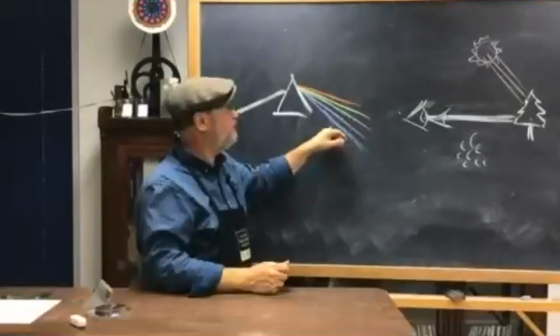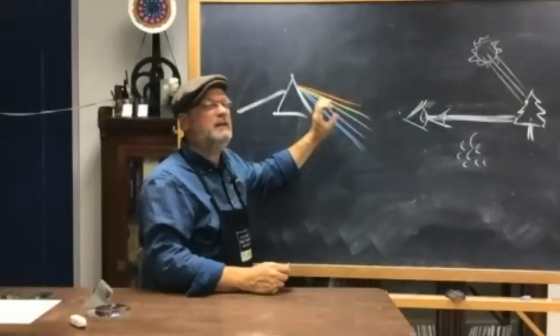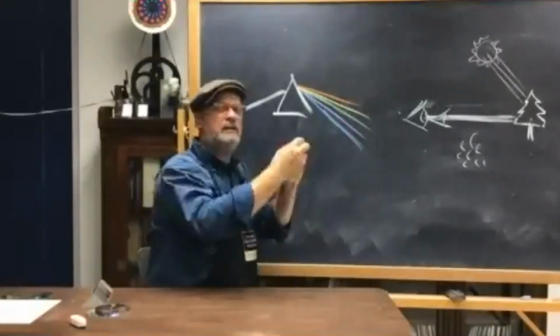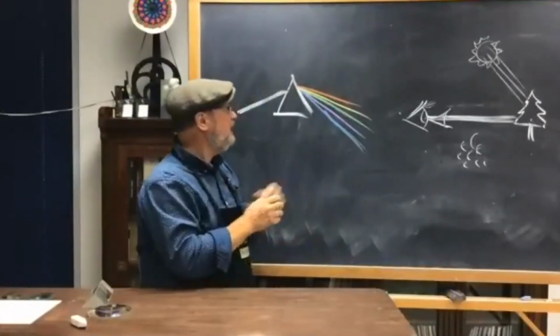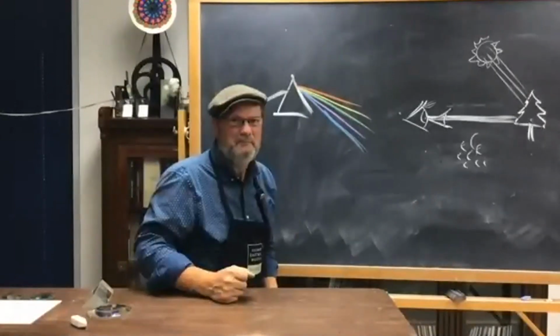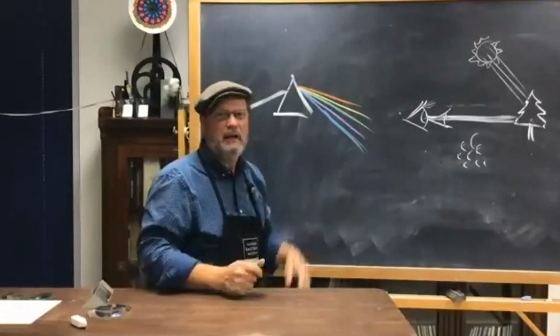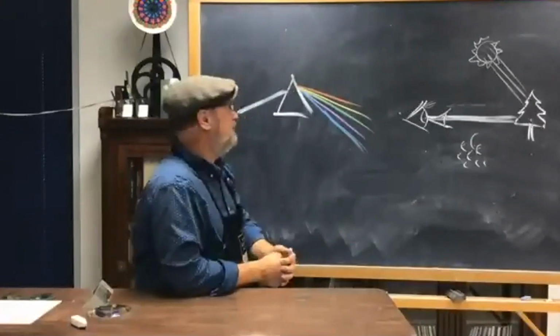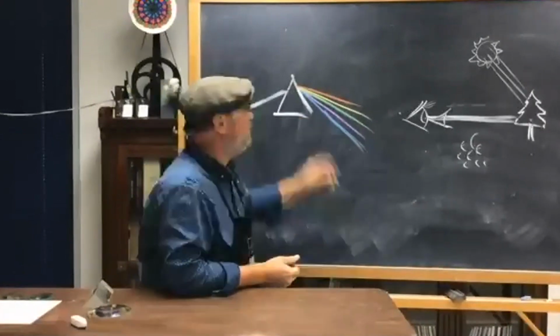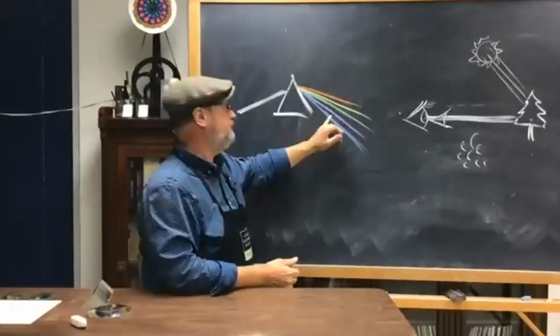And in fact, if we were to combine these again, if we used a lens and another prism so that they would converge, they would go back to white light again. It's a great experiment. It's not something I can do live with the room that I'm in, but it's very, very easy to do. So white light is made up of different color light.